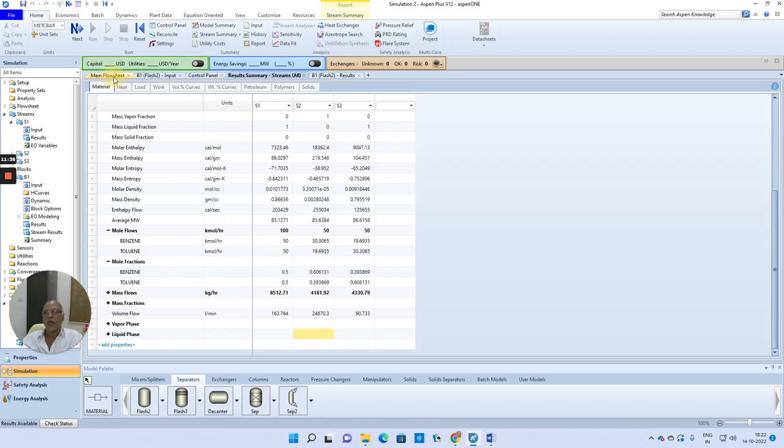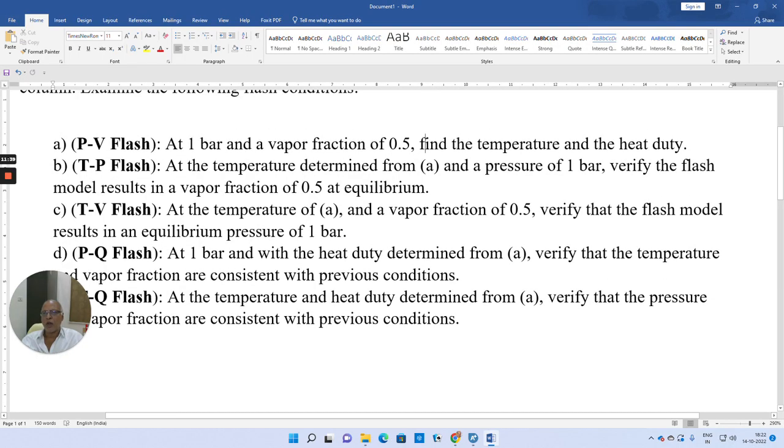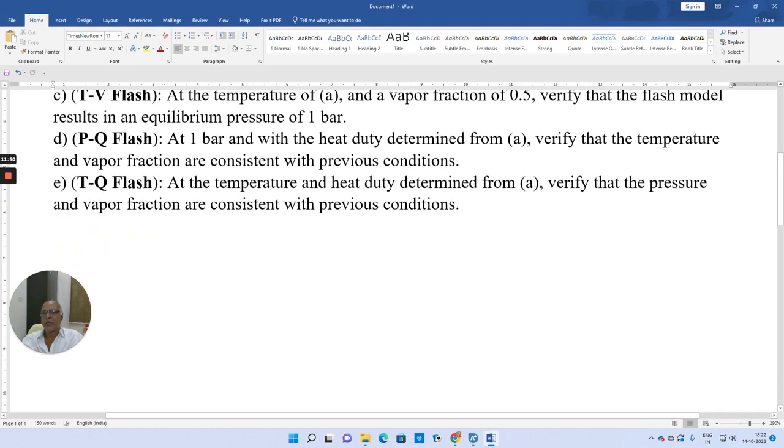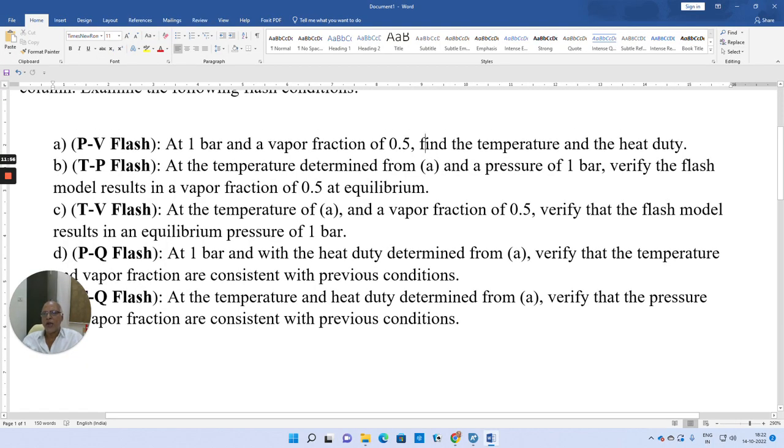So in this problem, we were able to simulate a flash column with 5 different types of possible inputs: pressure and vapor fraction, temperature and pressure, temperature and vapor fraction, pressure and heat duty, and temperature and heat duty. If you are trying to solve a flash problem analytically, we know how to handle the temperature and pressure calculation.